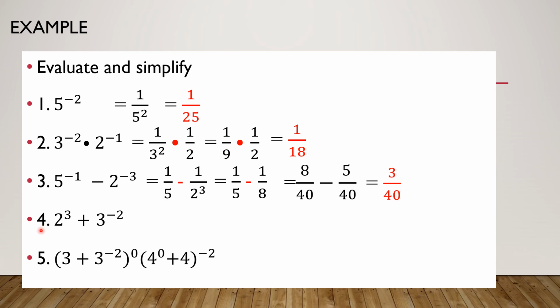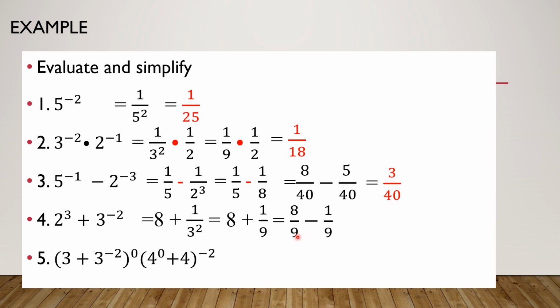For number 4, 2 cubed plus 3 raised to negative 2. So, what is 2 cubed? 8. Then, 3 raised to negative 2 is 1 over 3 squared. Then, we have 8 plus 1 over 3 squared is 1 over 9. Then, find the LCD. The LCD is 9.